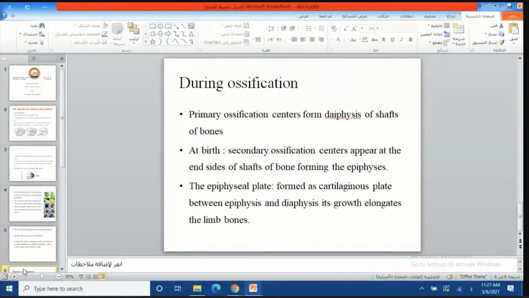So the primary ossification center will form the diaphysis, which covers the shaft of the bones.